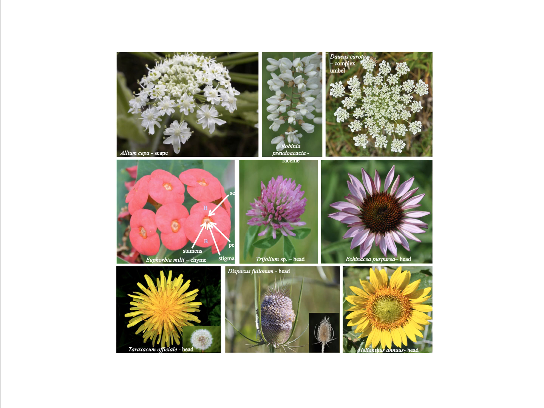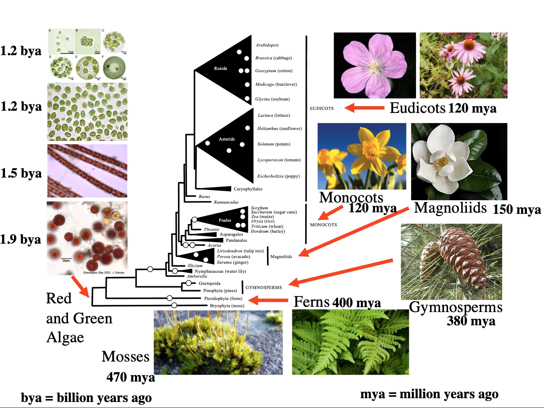So here are some indications of the diversity in flowering plants. So again, if we want to work in the same direction, going from more recent to further back, the eudicots, things like roses and asters and sunflowers and things like that, first arrived about 120 million years ago.